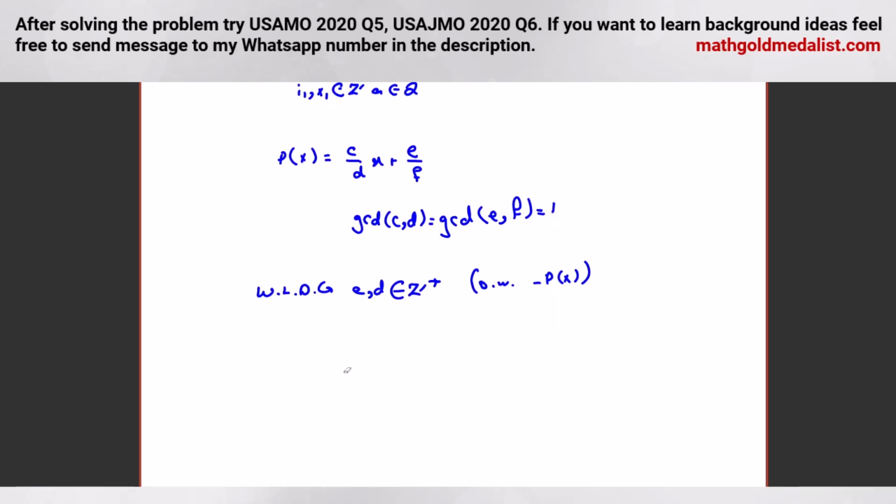So here we can say, for example, C over D x plus E over F. When we use a common denominator, it will be (CFx plus ED) over DF, agreed? Now do you agree it is an integer for infinitely many x?